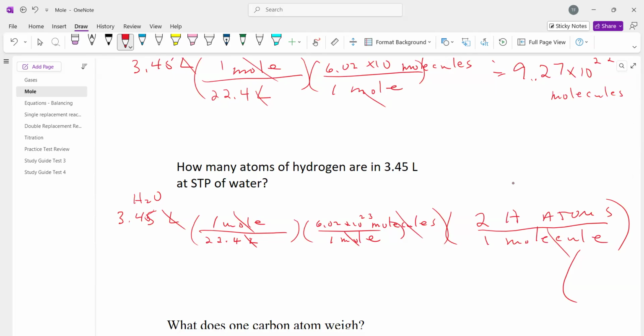Okay, does everyone understand the setup? If in doubt, convert to moles. Okay, we're using our 22.4 liter conversion to get to moles. And for moles, we need to figure out how many molecules of water. And then we use the 602 times 10 to the 23rd. And then we convert from molecules to atoms. Okay, so let's see what the answer is here.